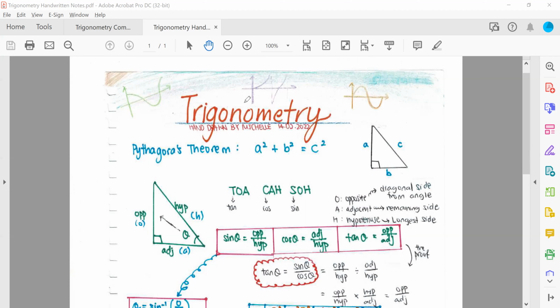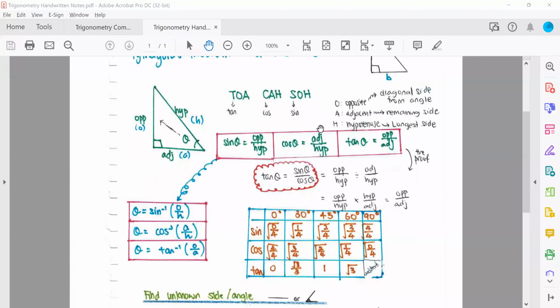So for tangent, actually you do not have to remember, but you can also directly prove it if you want. So how does the proof go? Tangent theta is actually sine theta over cosine theta, and you will get the answer to be opposite over adjacent.